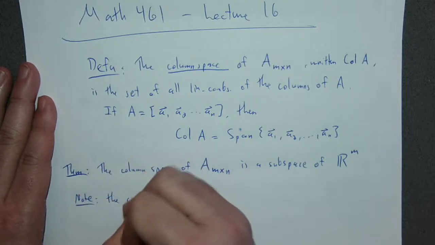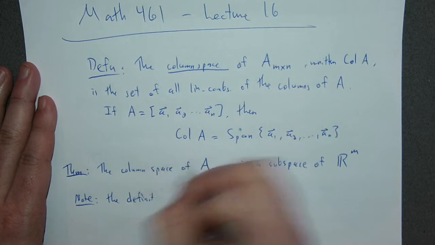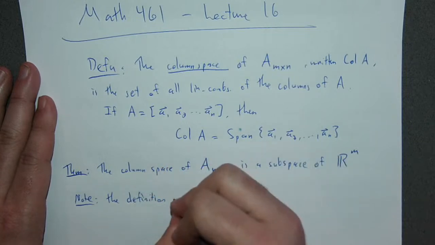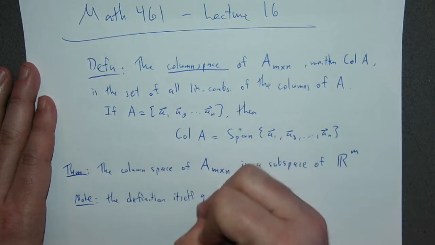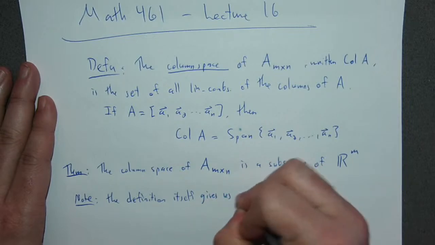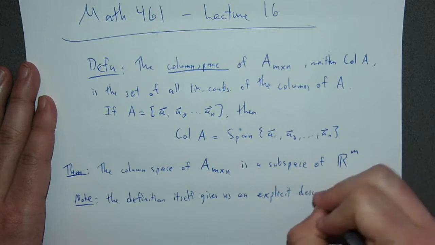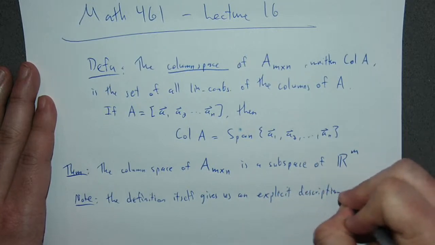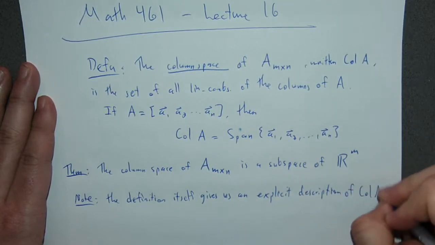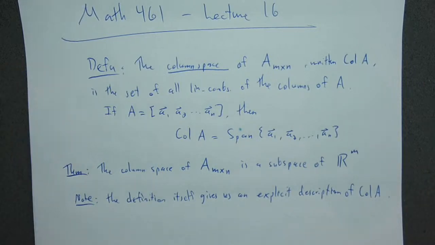the definition itself gives us an explicit description of the column space. Before, I had asked, give me an explicit description of the null space of a matrix.